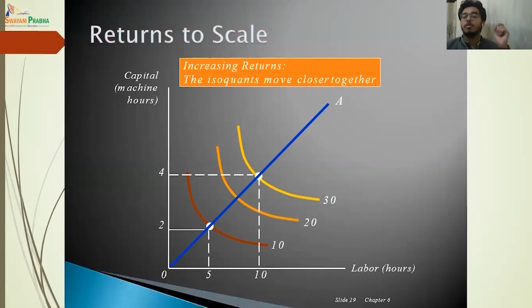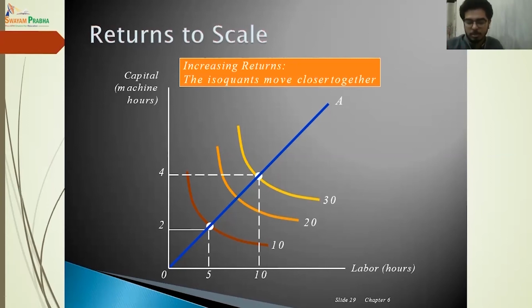Let's see. Over here, you see this particular distance is wider, larger than this particular distance. So what does it mean? It means that if my input has increased from 5 to 10 for labor and 2 to 4 for capital, and my isoquant shifts from 20 to 20, then it is constant return to scale.